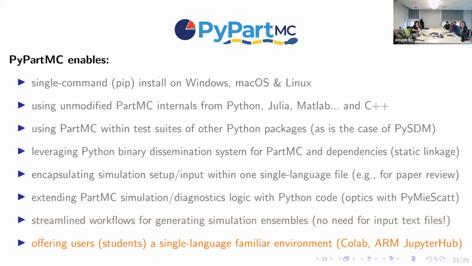And finally, thanks to the existence of platforms such as Colab or ARM Jupyter Hub, where we can execute notebooks and install Python packages, we are able to use PartMC in such platforms.